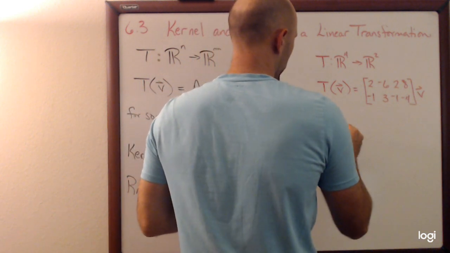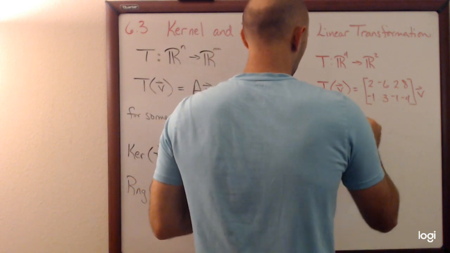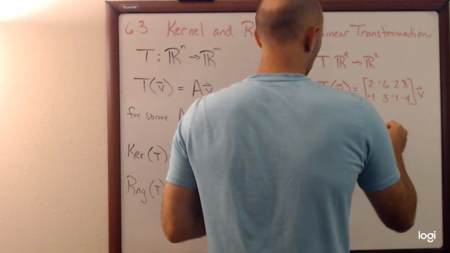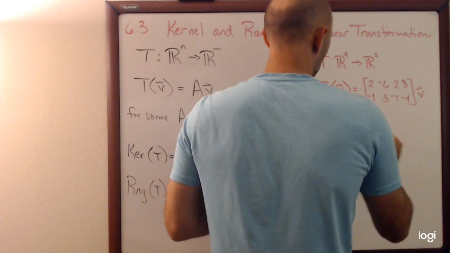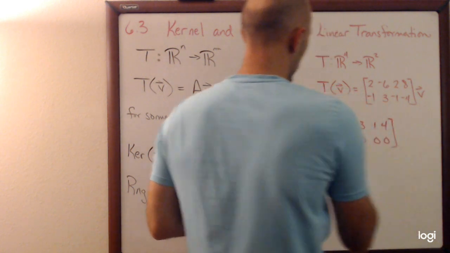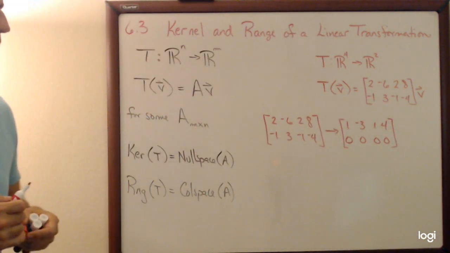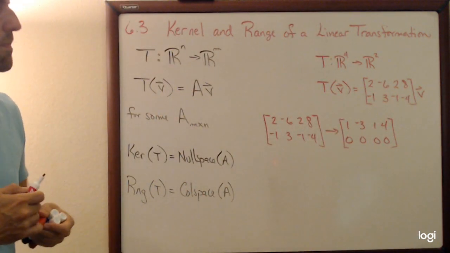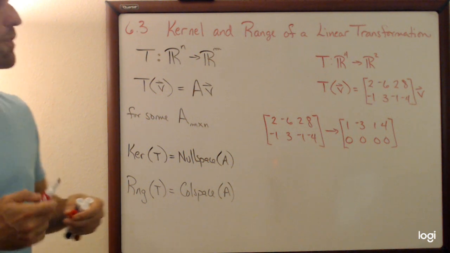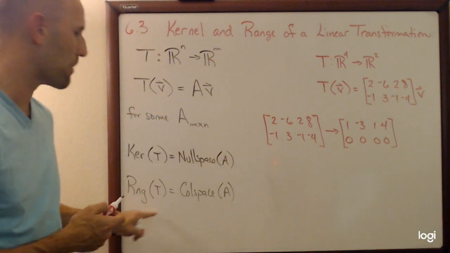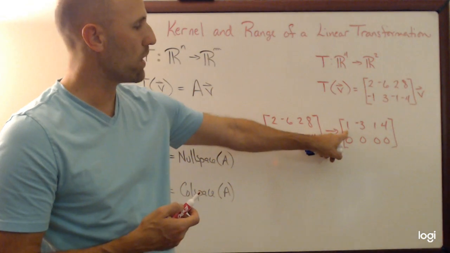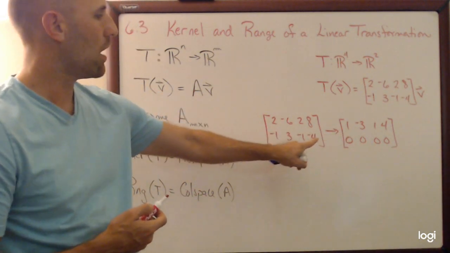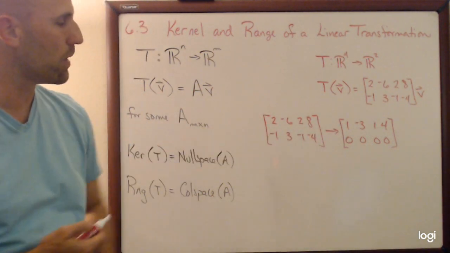The row echelon form here is 1, negative 3, 1, 4, 0, 0, 0, 0. The second row is a multiple of the first row, so I kind of made it easy. And so for my column space, and hence my range, I just have the one column. Go to your lead one, go back to the original one.